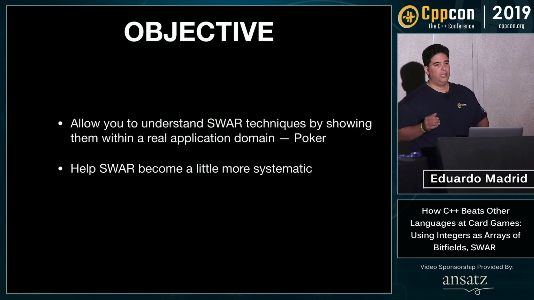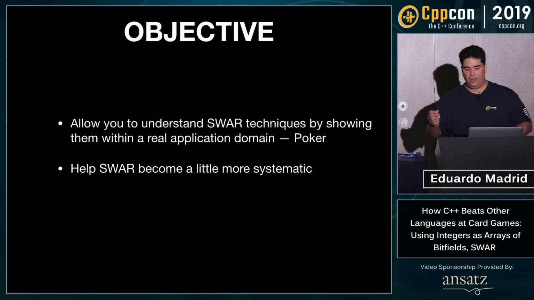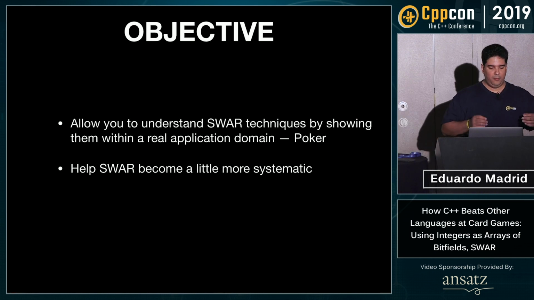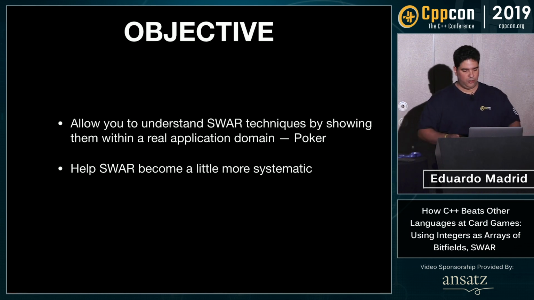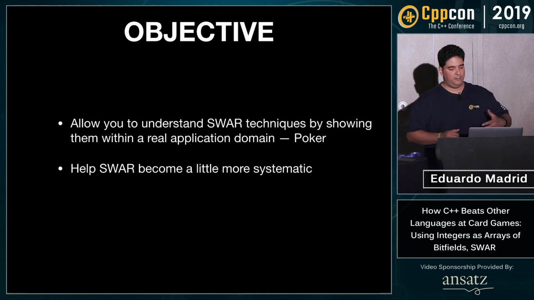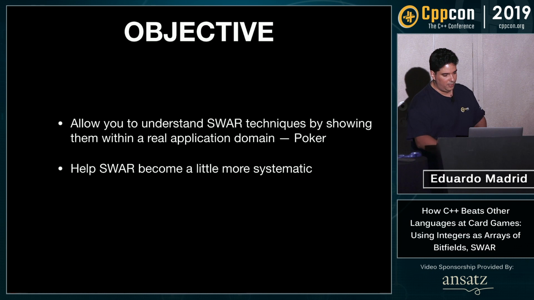What I would like to do is to get to a point in which you are able to understand how these SWAR techniques can be used for your own applications by showing them within a real application domain. And by doing that, I hope to make the development of SWAR techniques more systematic, so that we don't start from scratch all the time, but we accumulate knowledge as opposed to rediscovering it every time.